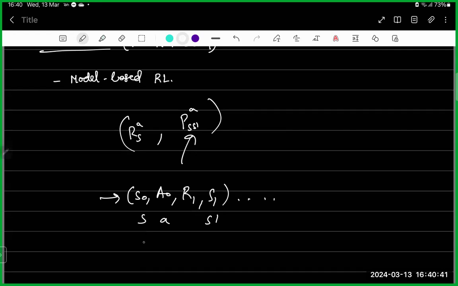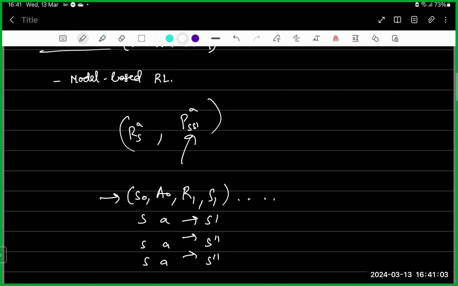Let's say you have visited that state S comma A a lot of times, and sometimes you went to state S dash, sometimes to another state. Based on a lot of episodes, you got three samples, let's say. You came to state S comma A three times, and once you went to state S dash and two times you went to state S double dash.